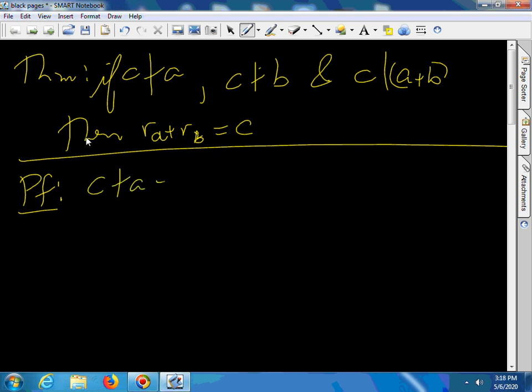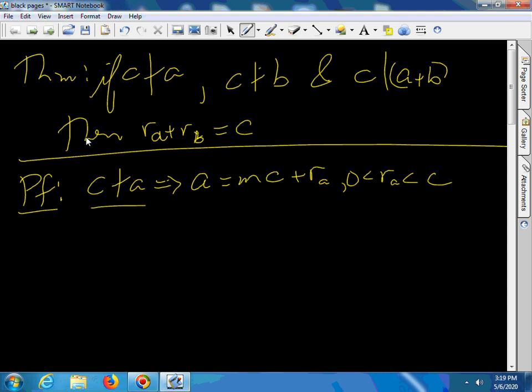C does not divide A. That means A is a multiple of C plus a remainder. But whenever you divide by C, the remainder has to be at least 0 and less than C. But in our case, we don't want the remainder to be 0.